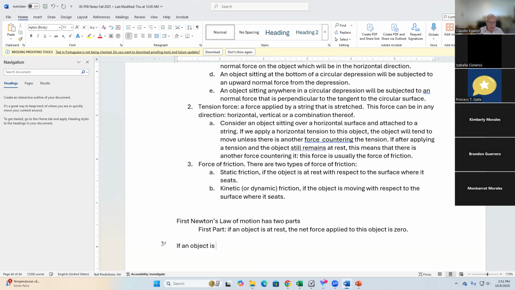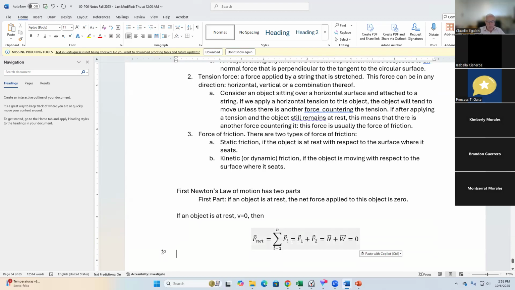If an object is at rest and v is equal to zero, then the net force applied to this object is going to be zero. Here's the summation, right?